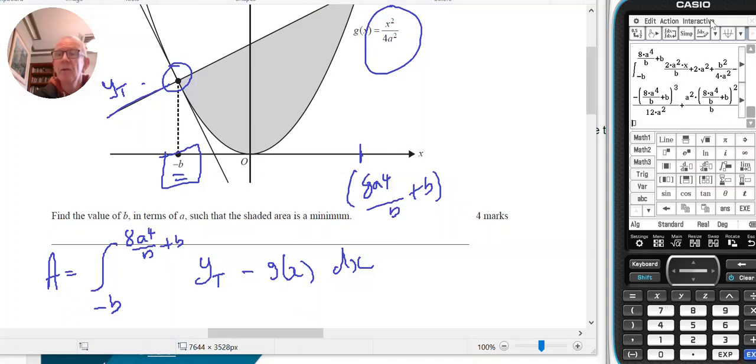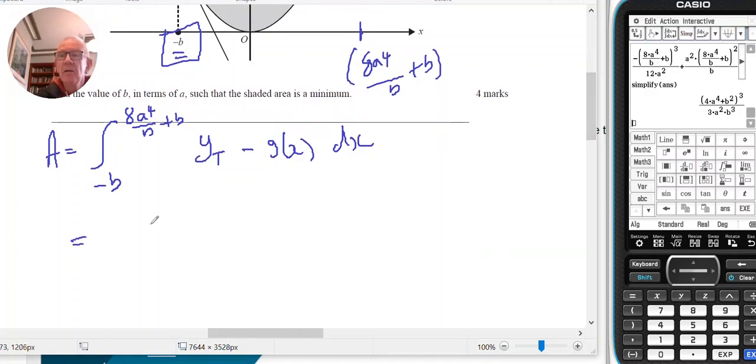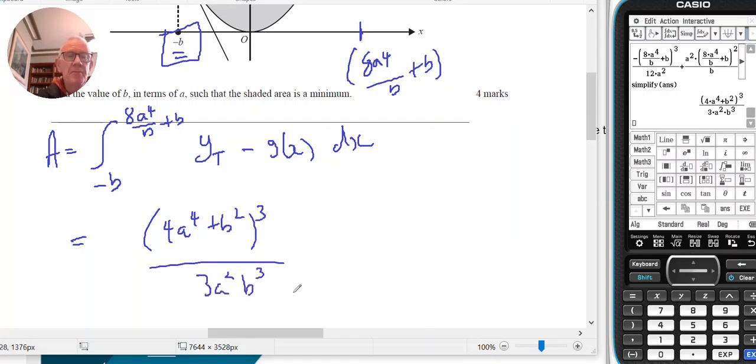And I get that awful expression, hit simplify, oh, much nicer. Oh, how good is that? Okay, the area equals 4a to the 4 plus b squared cubed on top of 3a squared b cubed, and that's what the area equals.